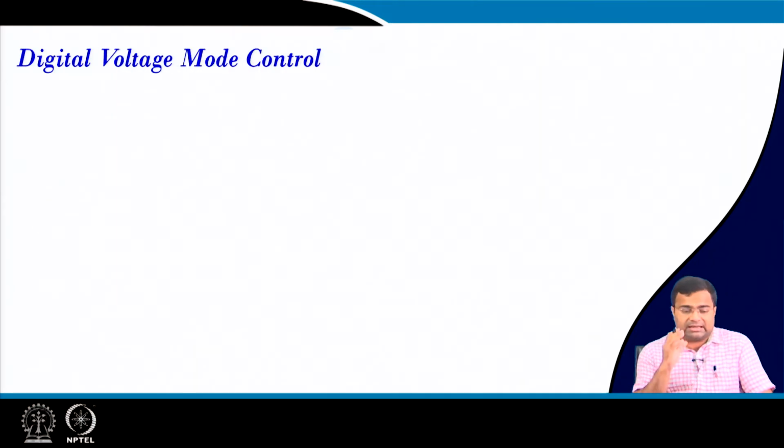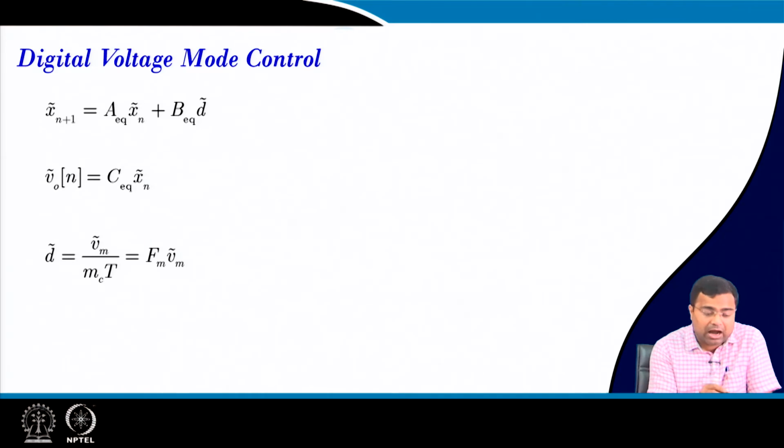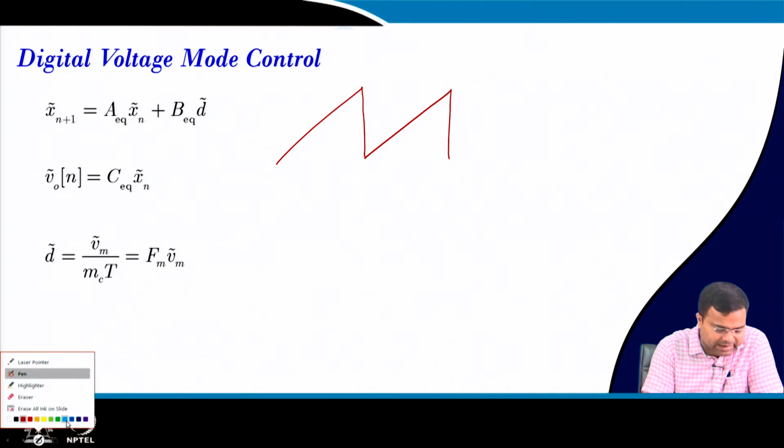So, in digital voltage mode control, what is the block diagram? That means, how do you generate the duty ratio in digital voltage mode control? Again you take the sawtooth waveform like this, and there is a modulator gain.